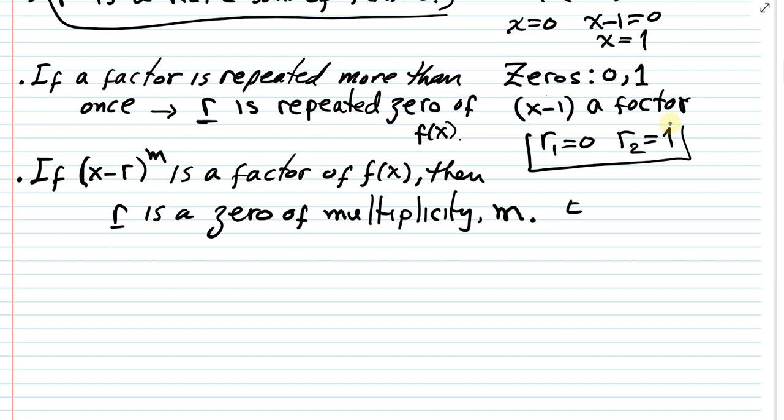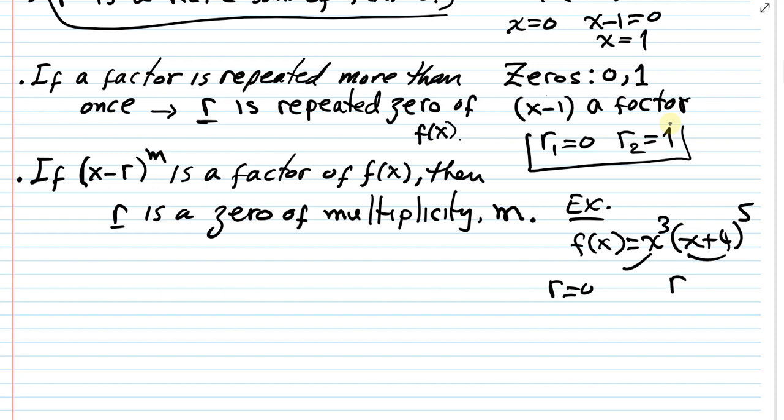So for example, let's say I have f of x is equal to x cubed times x plus 4 to the 5th. There you go. Suppose that's the factored form. So the zero that comes from x cubed, r, is 0. The zero that comes from x plus 4, call it r2, is negative 4, right? The zero is what makes the factor 0.